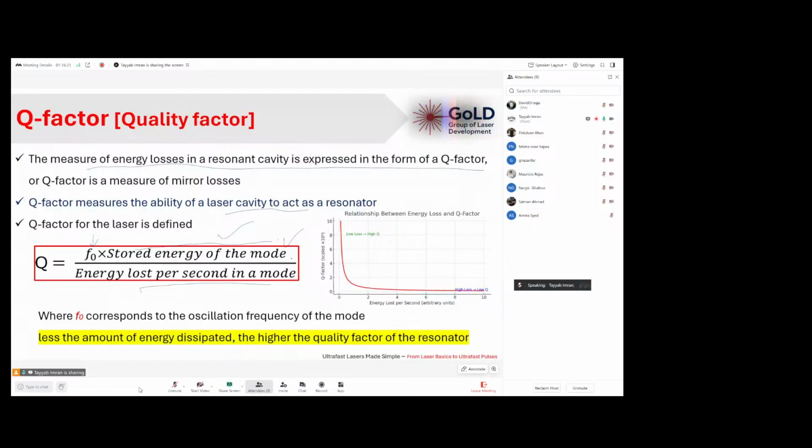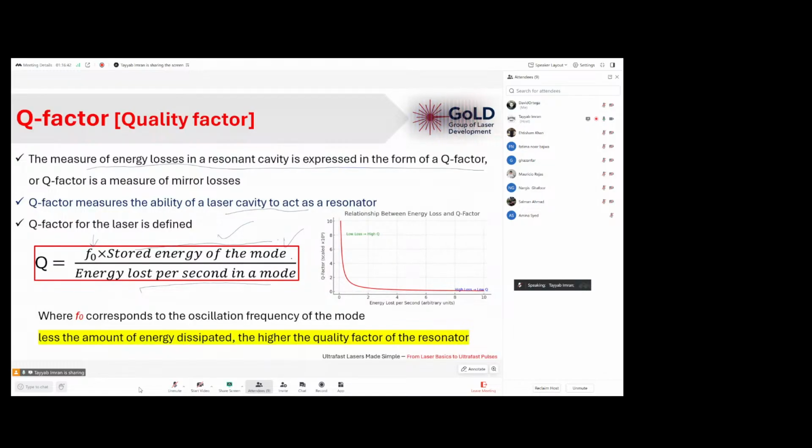So it measures the energy losses in the resonant cavity in the form of a Q factor. So the Q factor is basically the measure of the ability. This is losses, and the gain in the cavity is basically the ability of the cavity.